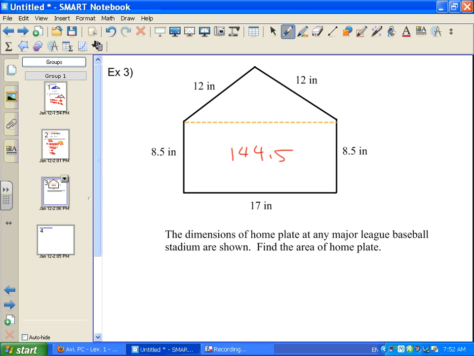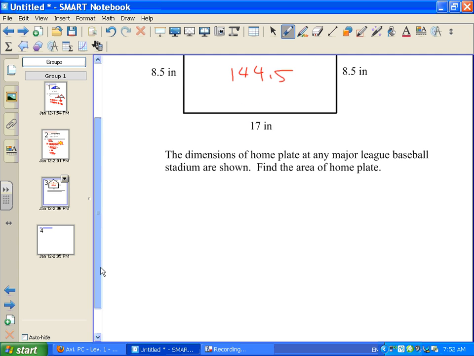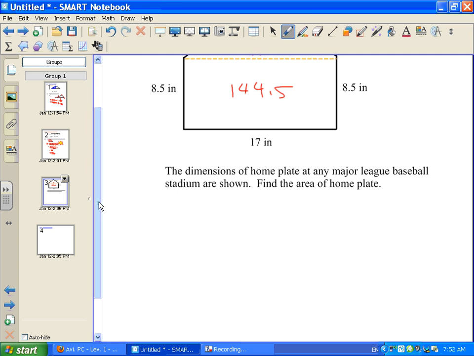And then you're going to do 12 plus 12. So 12 plus 12 is 24 plus another 17, 41. So S is going to equal 41 over 2 because it's half of that. So 20.5.